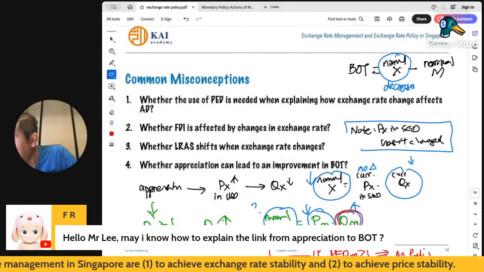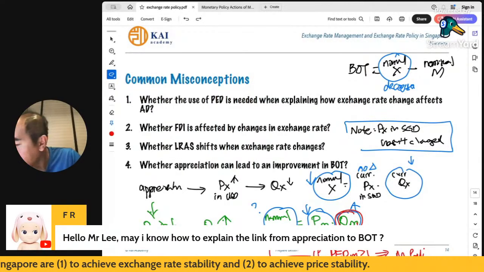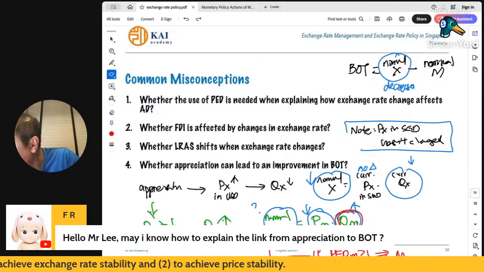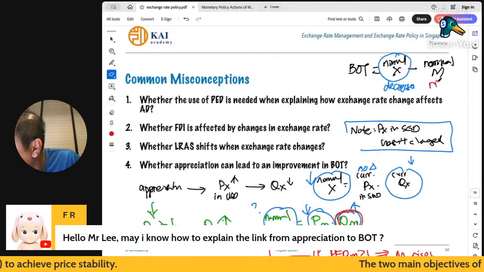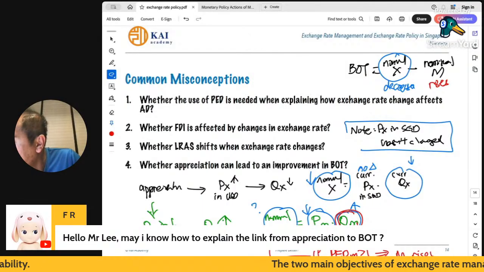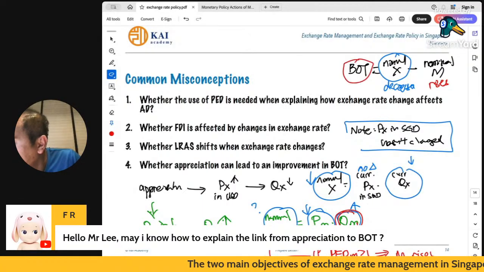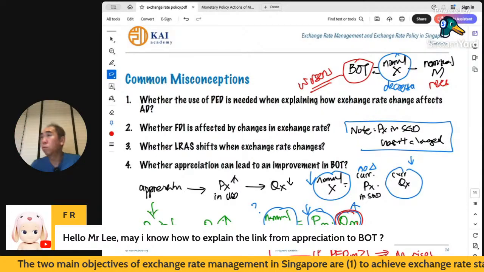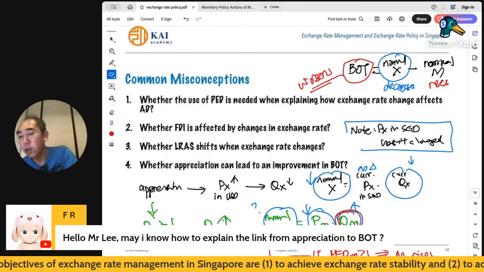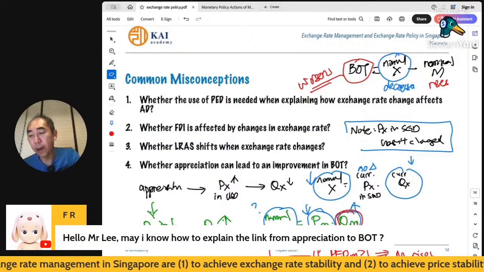Sorry, my mistake, M rises, not M falls. So if QM rises more than proportionate to the fall in PM, then M rises. So if M rises and X falls, then BOT worsens. So this would be the way to explain how the appreciation will worsen the balance of trade of a country.